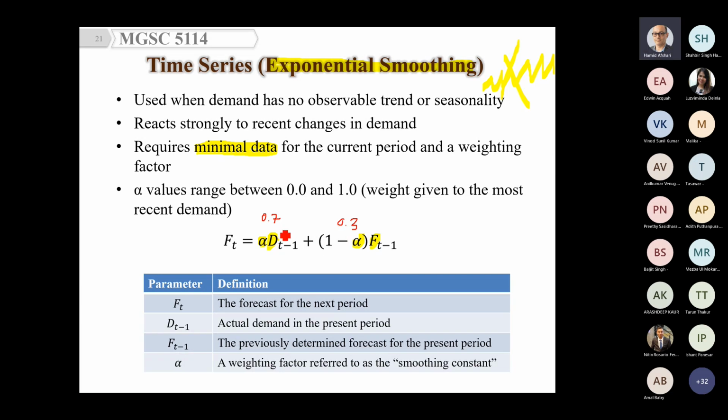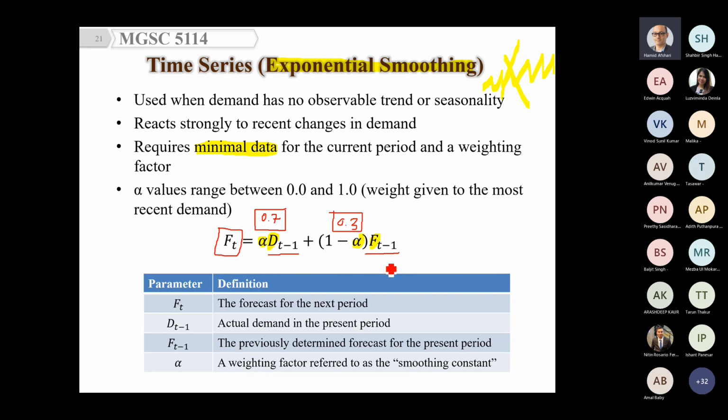So in other words, alpha determines how important the actual is versus the forecast. So when I'm calculating the forecast demand for the next period, I am using this logic: put 70% importance on the actual data and 30% importance on the forecast data.